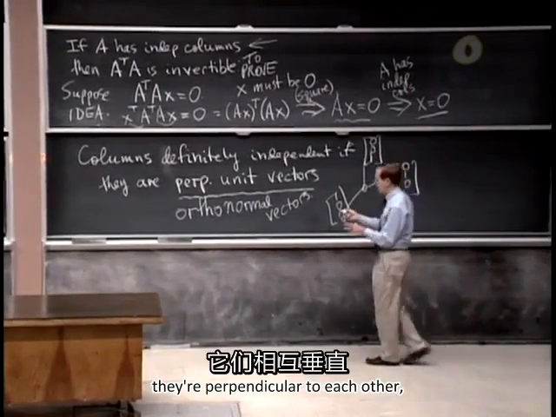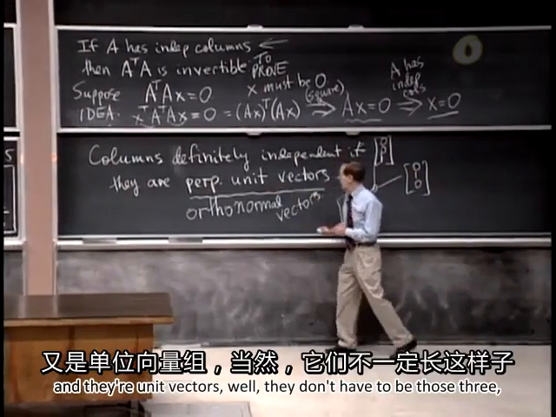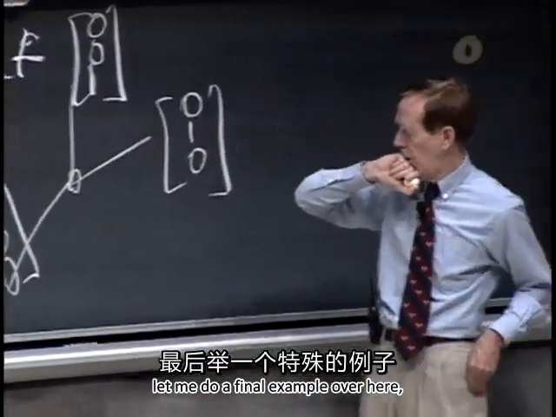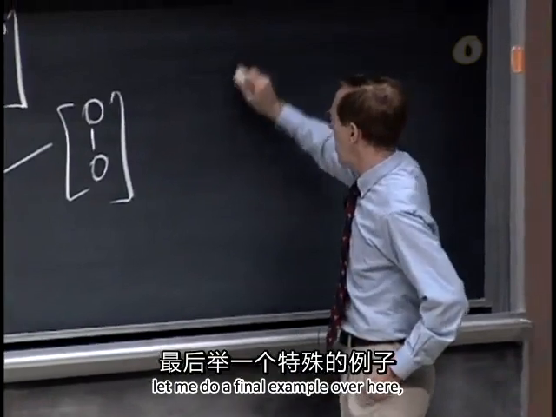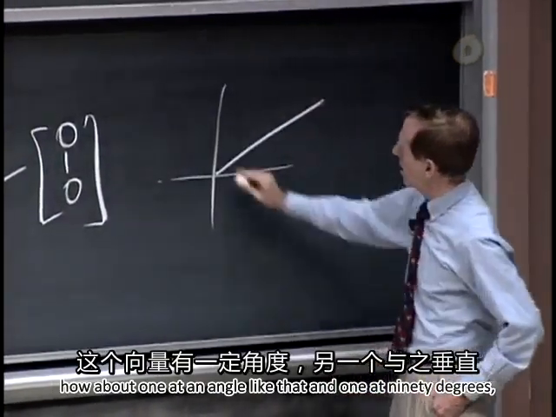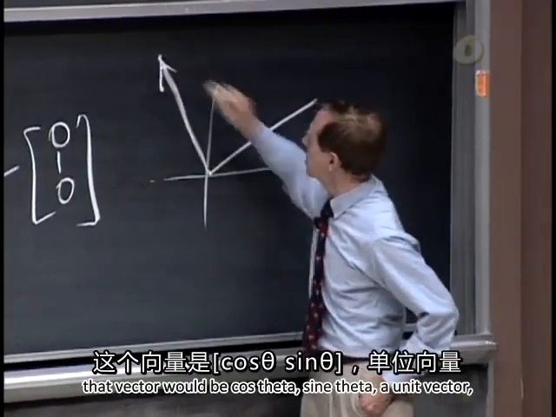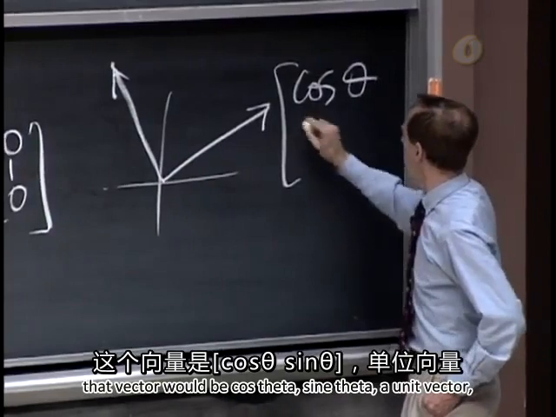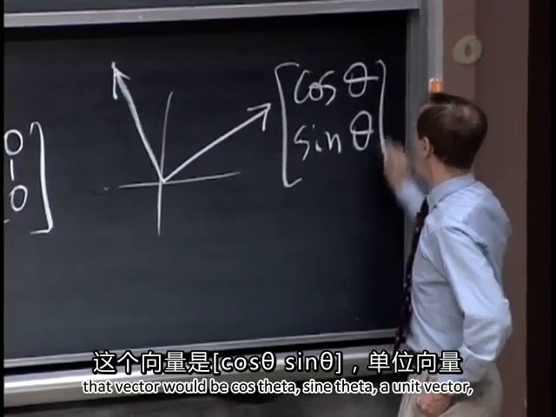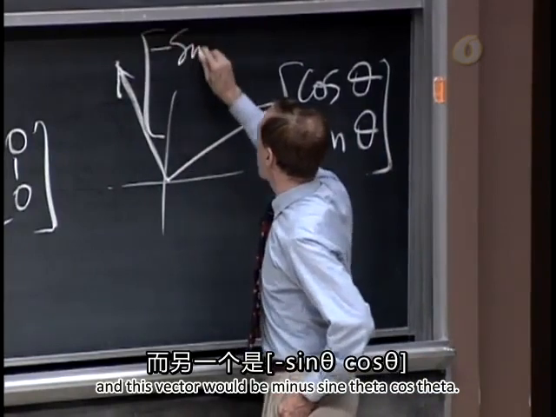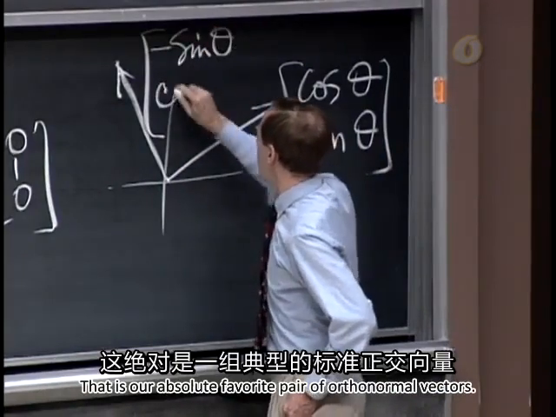They're perpendicular to each other, and they're unit vectors, well, they don't have to be those 3. Let me do a final example over here. How about one at an angle like that and one at 90 degrees? That vector would be cos theta, sine theta, a unit vector. And this vector would be minus sine theta, cos theta.